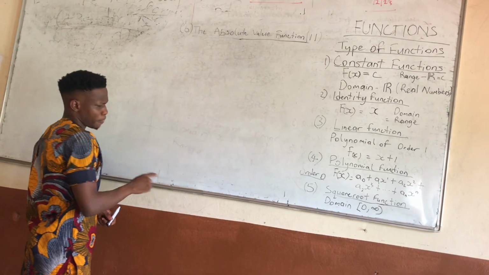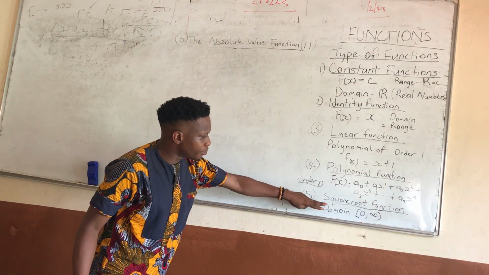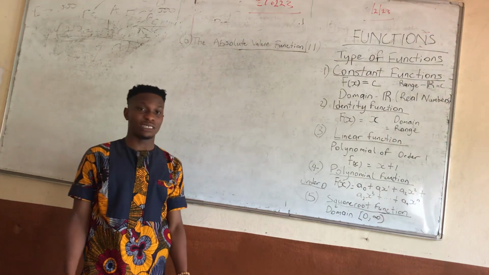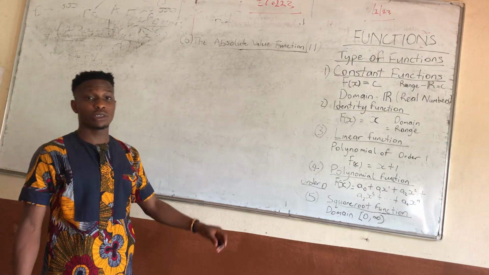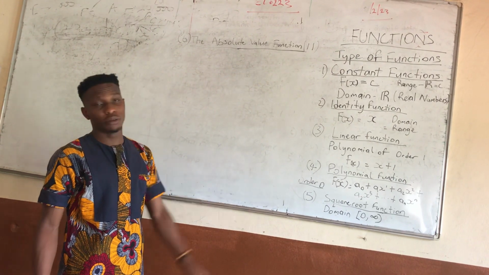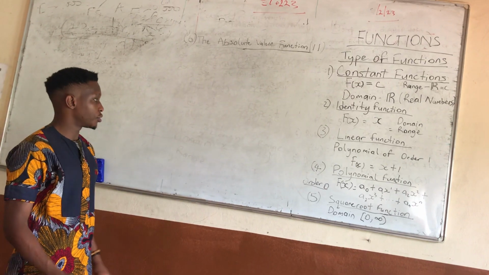So basically, the square root function, we should look out for this very well because so many questions are usually drawn from this square root function, and they will be asking you the domain and the range of the square root function.